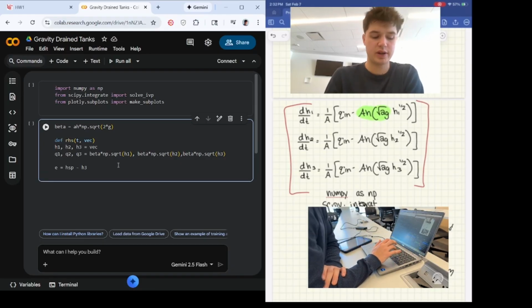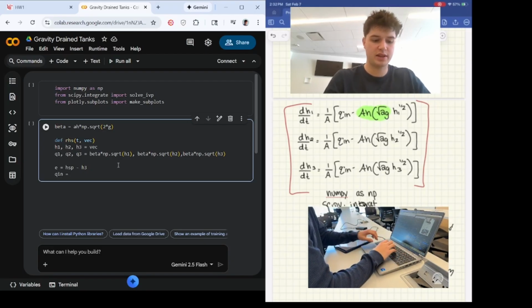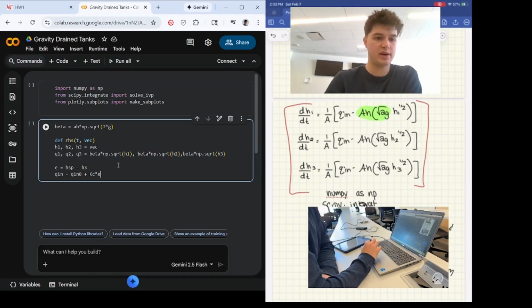And then next we are going to define Q in, and we are going to set that to the original Q height, which we will say Q naught. We're going to add the controller gain, which we will do KC, and then finally we will multiply that by the E that we just set above.